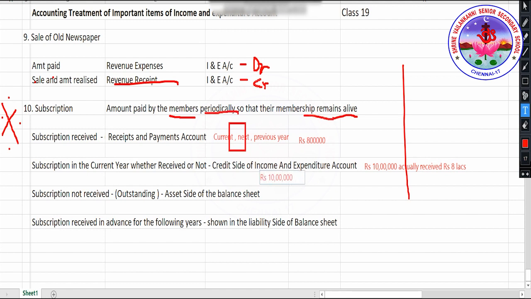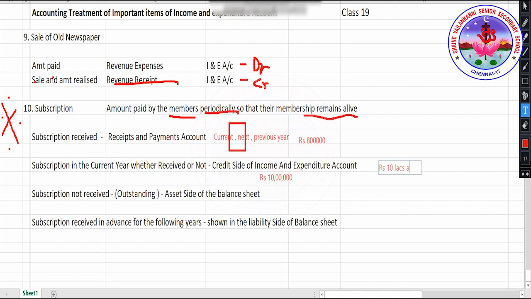What is this entry? You need to be very clear, because it needs conceptual clarity. What is the subscription that is supposed to be received this year? Rupees 10 lakhs.